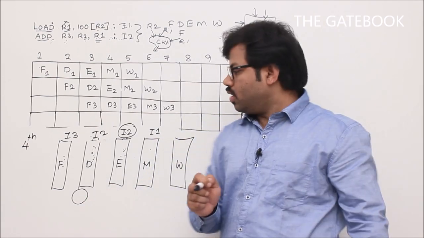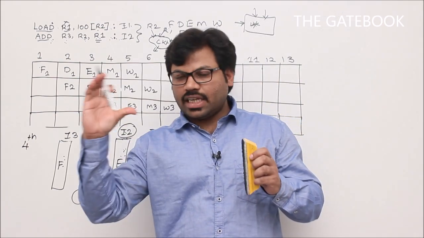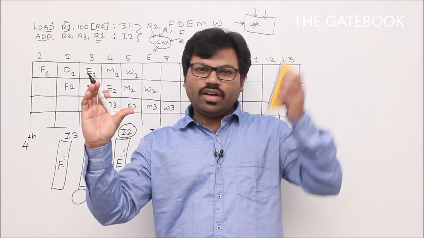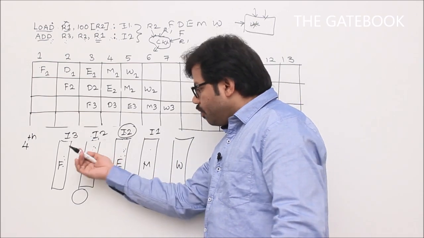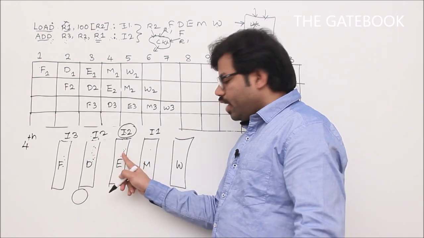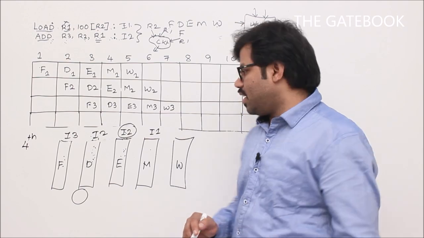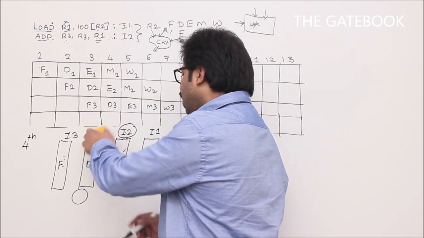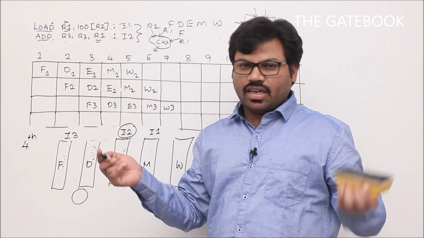You got my point? In such a way we should have a circuit. There should be a circuit which will have a set of dummy signals, all zeros, and original signals. Original signals are already coming from the decode stage. So this time I2 is moved to the execution stage, but not with its original signals, only dummy signals, so that I2 will not have any effect on any register or arithmetic or anything.